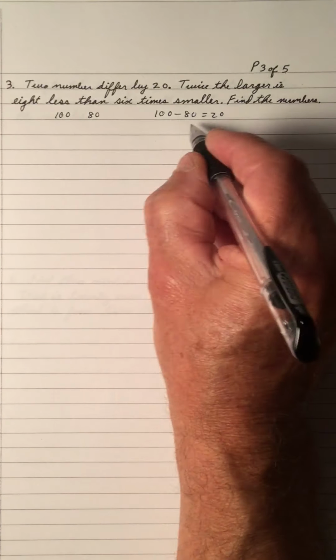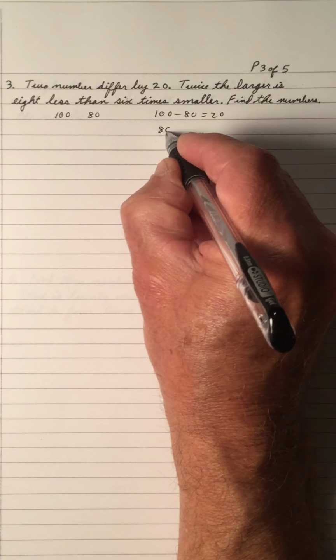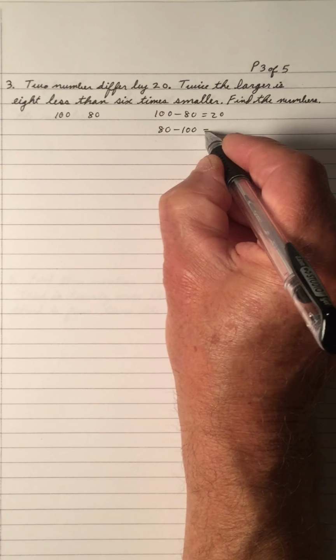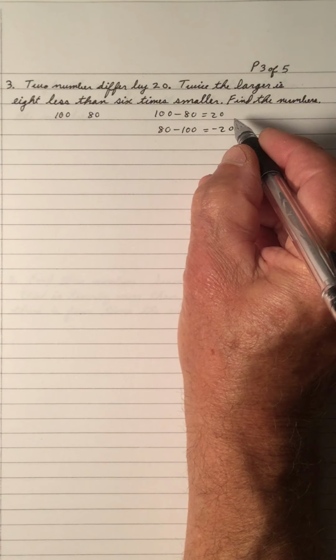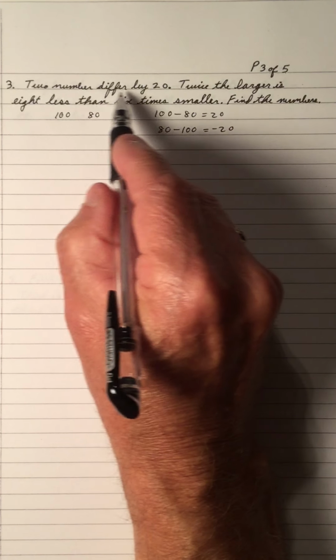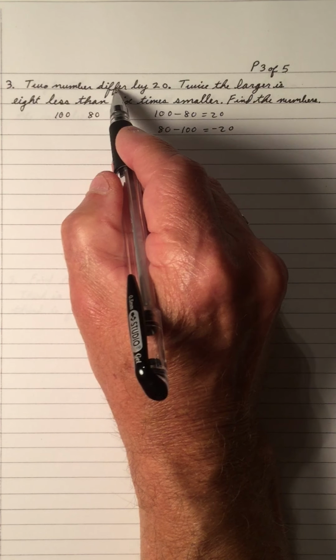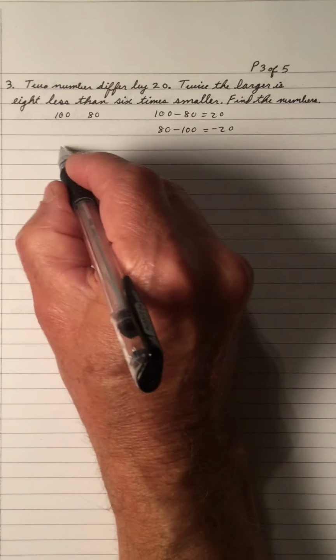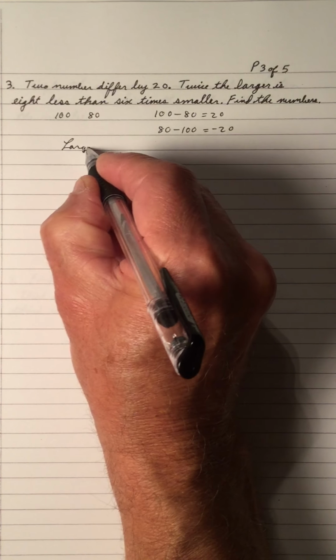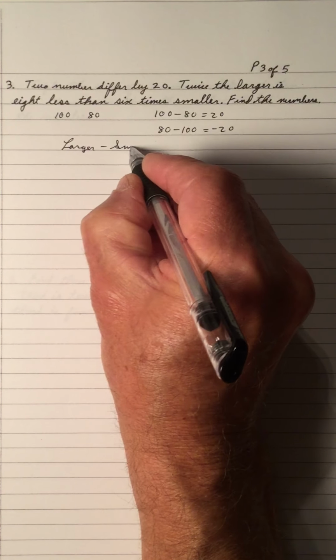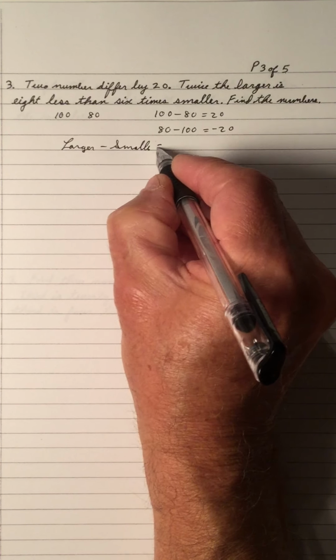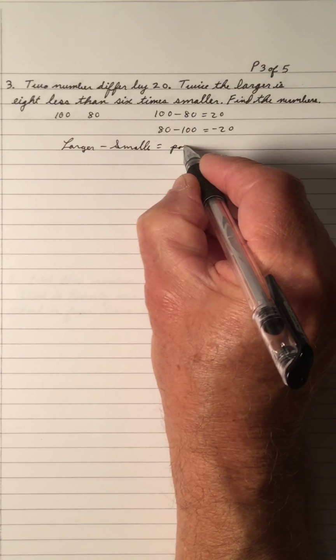But if we take 80 and subtract 100, we get negative 20. Differ means subtract, so we go with the larger number minus the smaller number in order to get the positive 20.